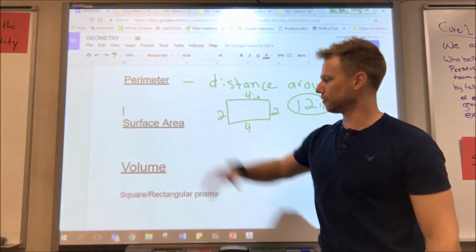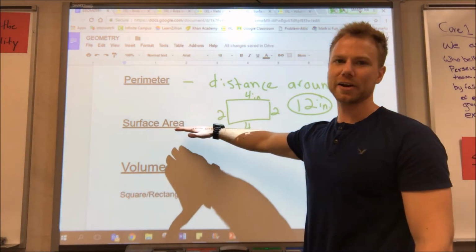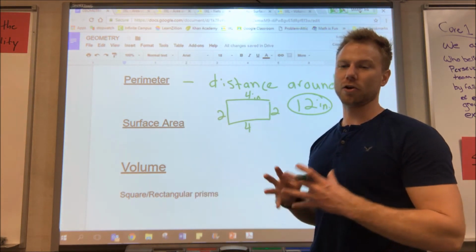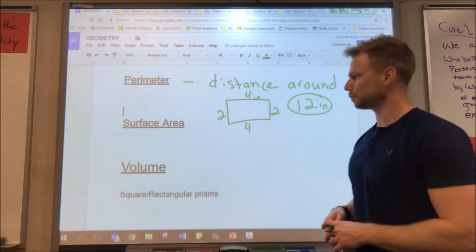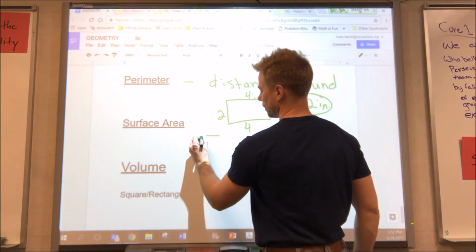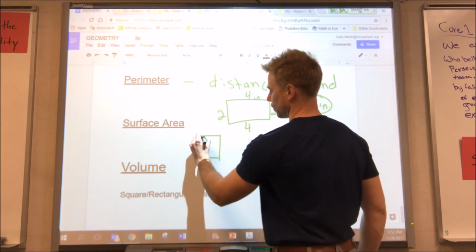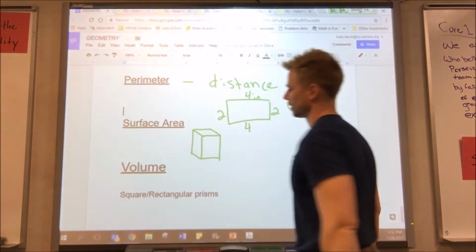Surface area is like just finding the area, but you're finding the area of all the faces of a 3D object or a 3D figure. So maybe we are looking at a rectangular prism like this.